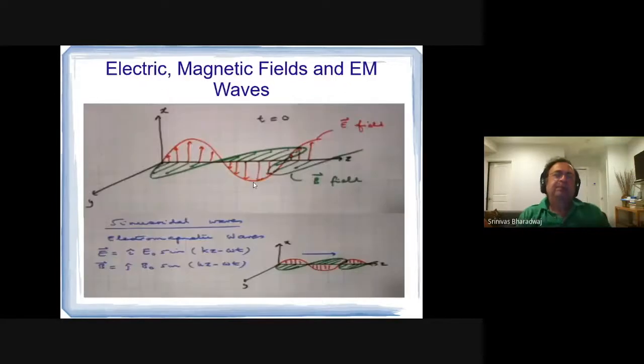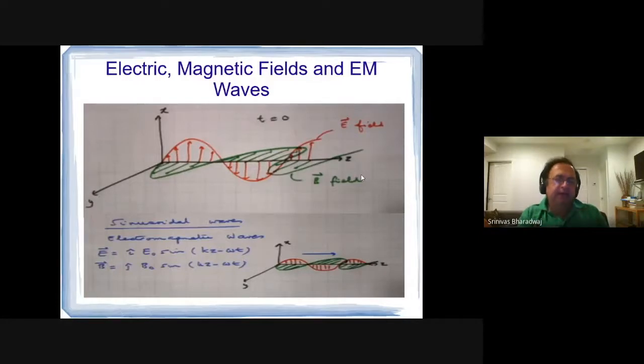Now, we of course know that there are bundles of waves, but right now we are not dealing with that. Now talking of one wave, the E is a wave, and let's say the E was in one direction, the B will be in a perpendicular direction, and the E cross B will be the direction of the propagation of the wave.